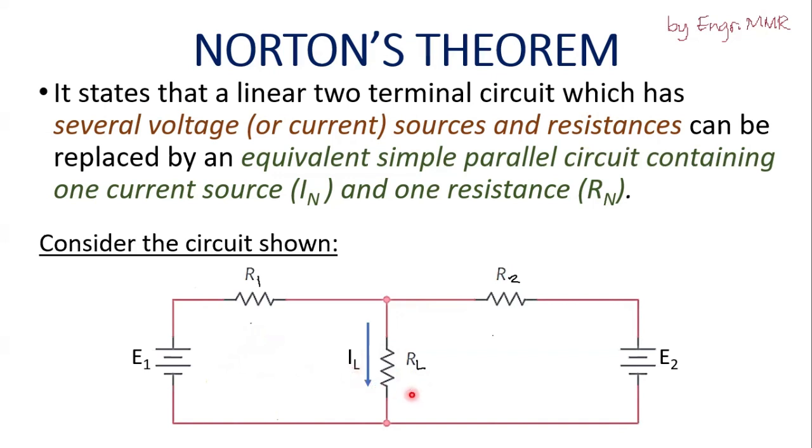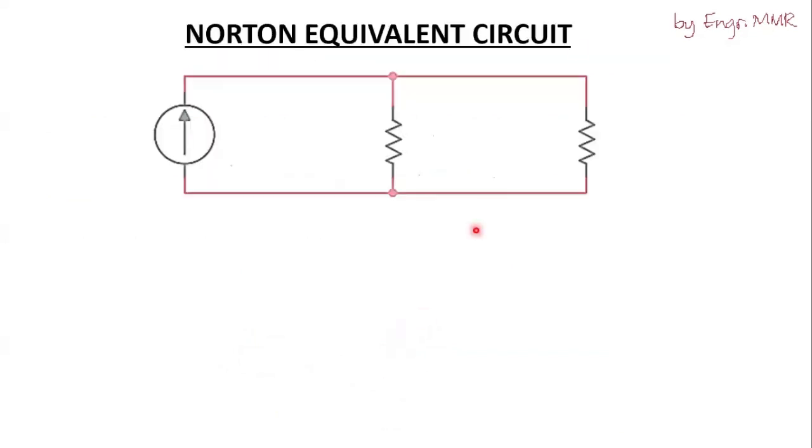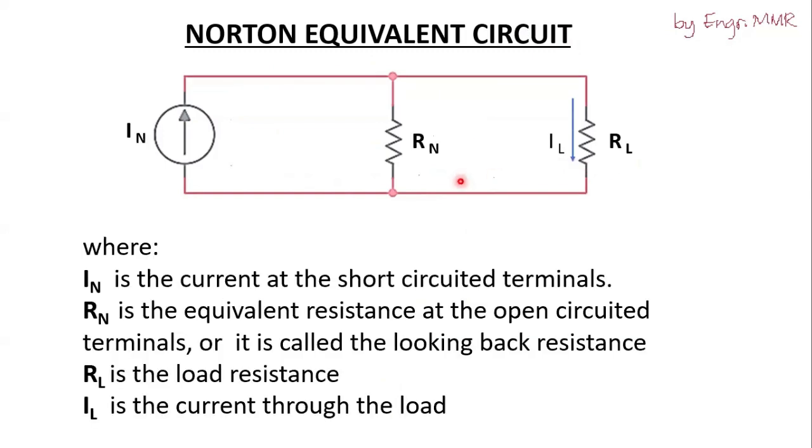To avoid that, in Norton's theorem, we replace the complex circuit excluding the RL by a simple parallel circuit. So this is now the Norton equivalent circuit in which we have added back the resistance RL, and we have this RN in parallel with the new current source IN.